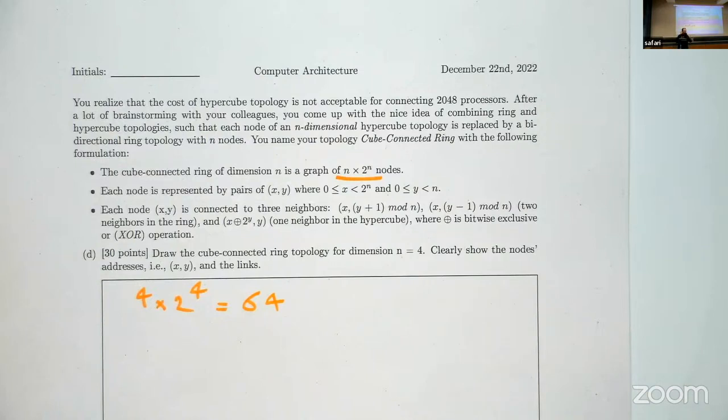You don't really need to draw all these 64 nodes and show all the connections. That's going to be a huge overhead, I guess. But at least you need to show some connections, and because there are many repetitive patterns, you need to mark them and summarize the answer, basically.